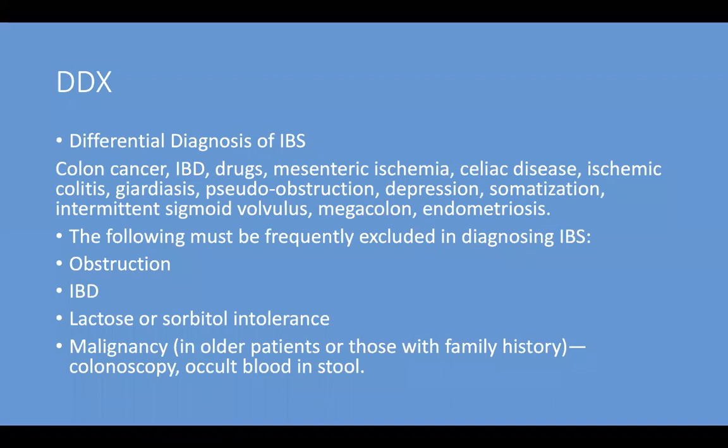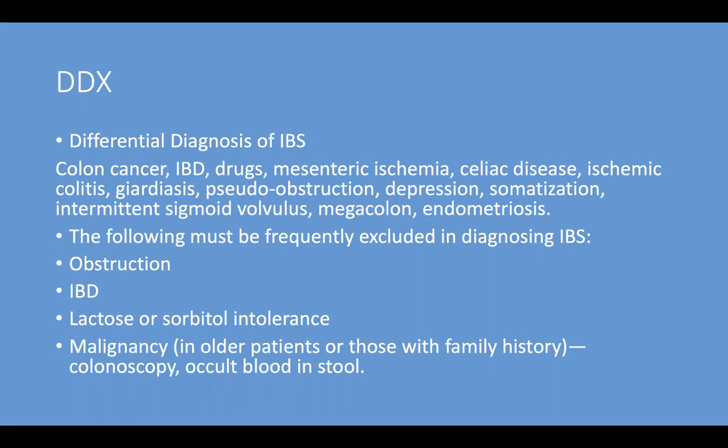Obstruction. The patient who presents with obstruction might have a hernia if he has a virgin abdomen, or he might present with obstruction due to adhesions if he had a surgical procedure before. IBD, as we said.